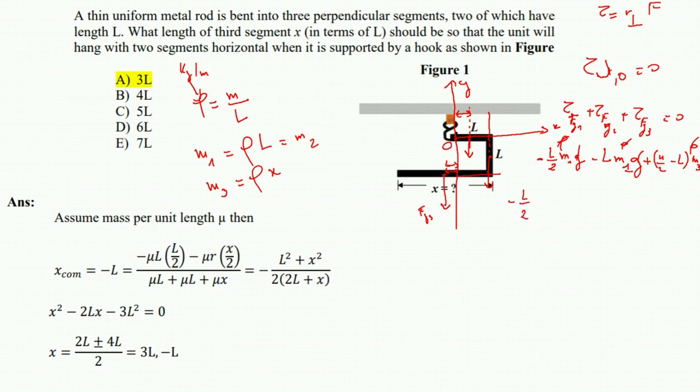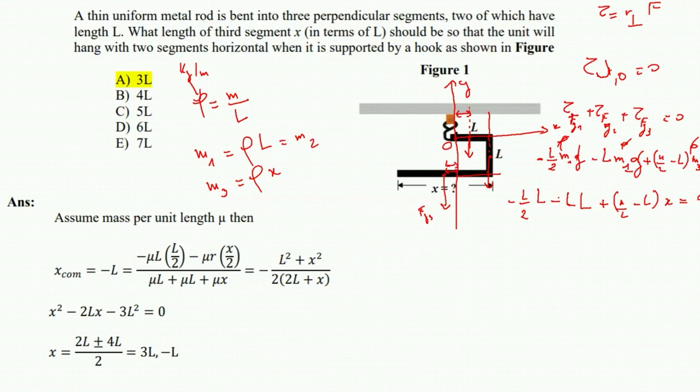Now M1 is rho L, so I multiply by L. Minus L times M1, which is rho L again, so the rho goes away and I have another L remaining. And here I will have X divided by 2 minus L multiplied by M3, which is rho X. Rho goes away, so I just have an X. And this is equal to 0. So this is the equation that I have to solve.